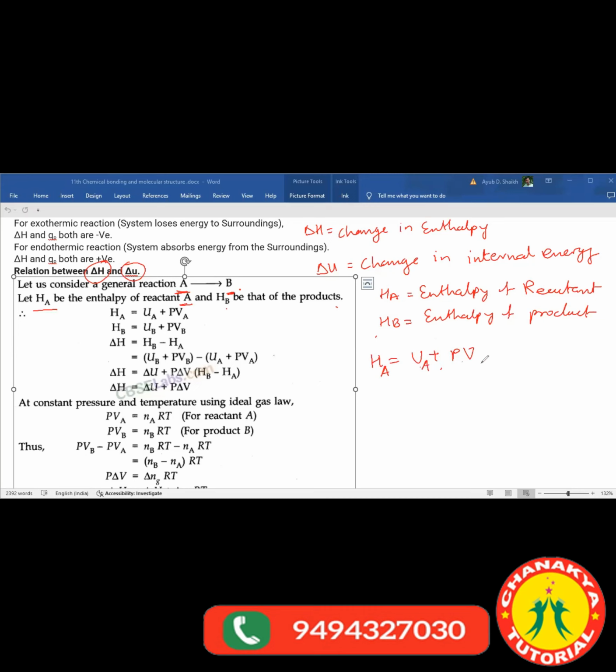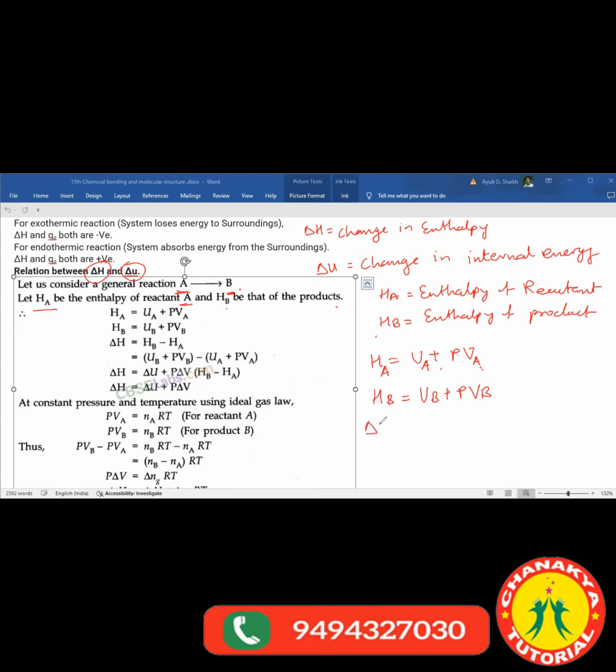Pressure would be constant, because for enthalpy, change in enthalpy can be calculated at constant pressure. So volume may vary, and VA would be the volume of the reactant. The same thing you write for the product: enthalpy of the product HB is equal to UB plus PVB, where VB is the volume of the product. Clear?